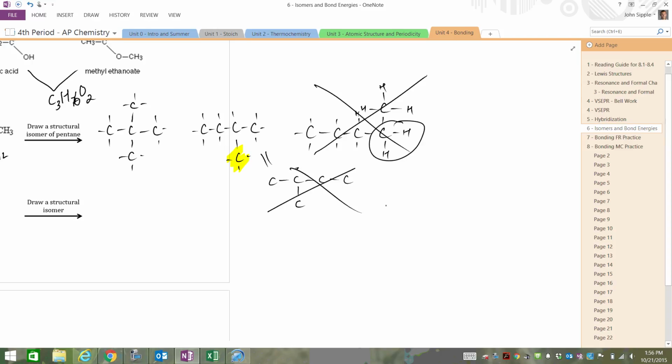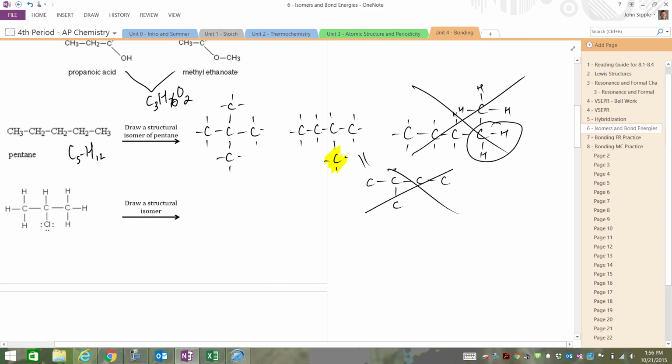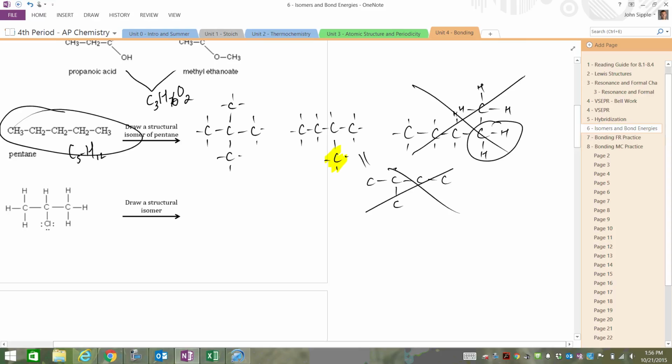Are you saying the first one you crossed out is not correct in general, or it's just not new? It's not a new one. It's really the same as this one right here. Remember the bond angles: there are 4 things attached to it, and they're all 109.5 degrees, but on one of those angles I have a carbon coming out.